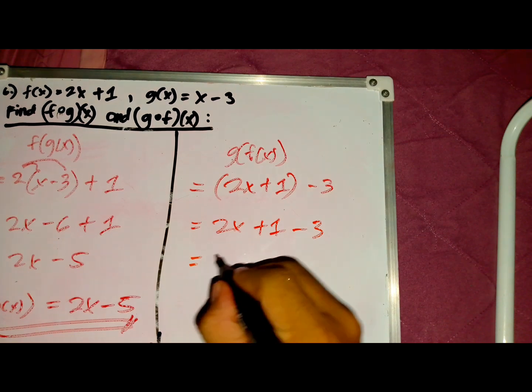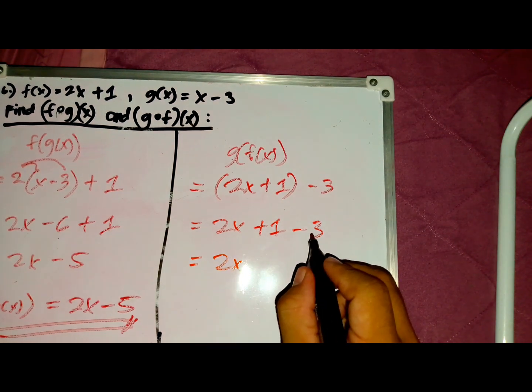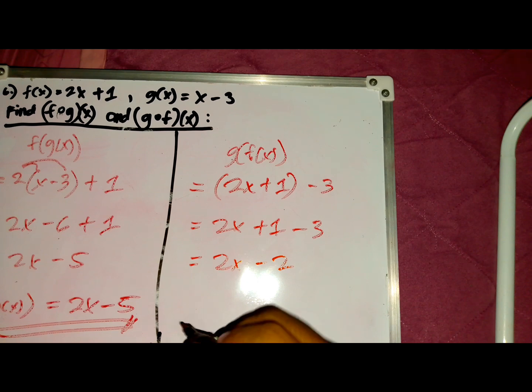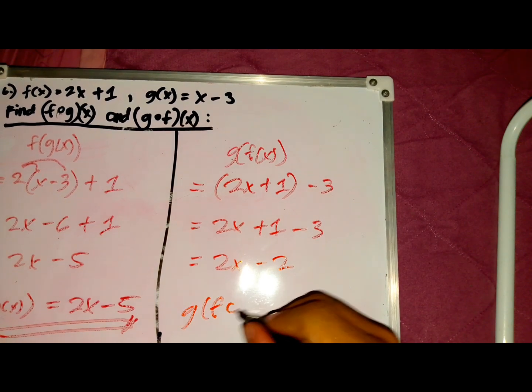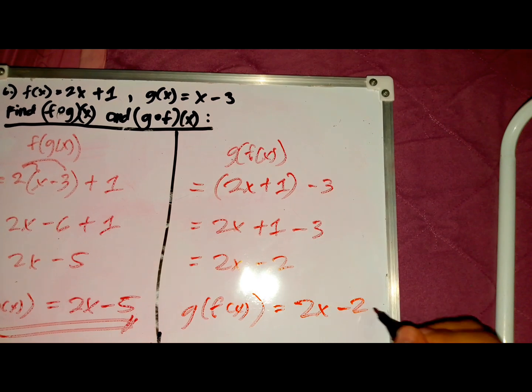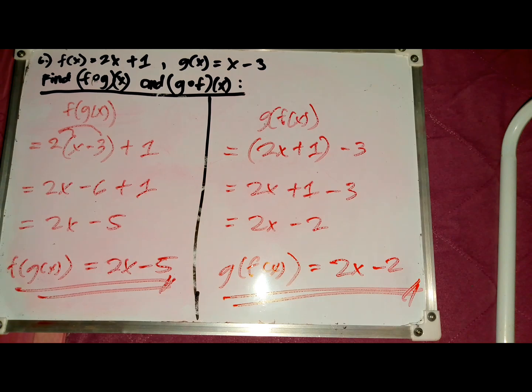Combining like terms, we have 2x, and 1 minus 3 is equal to negative 2. So the value of our g of f of x is equal to 2x minus 2. This will be our final answer.